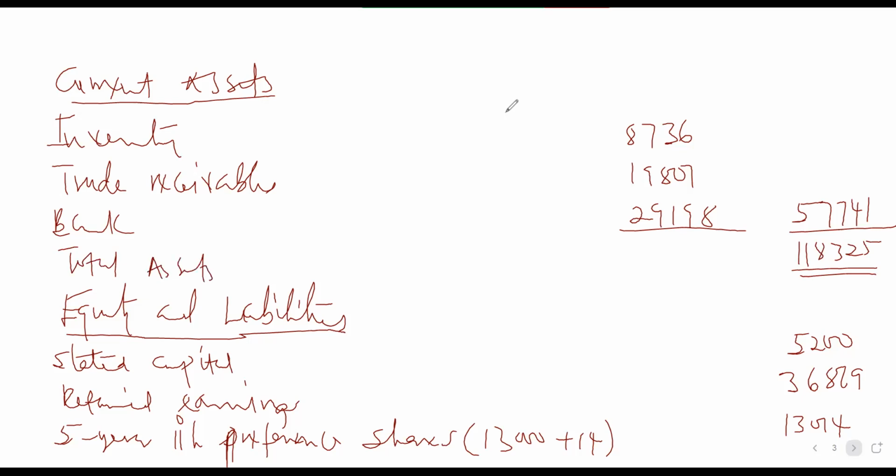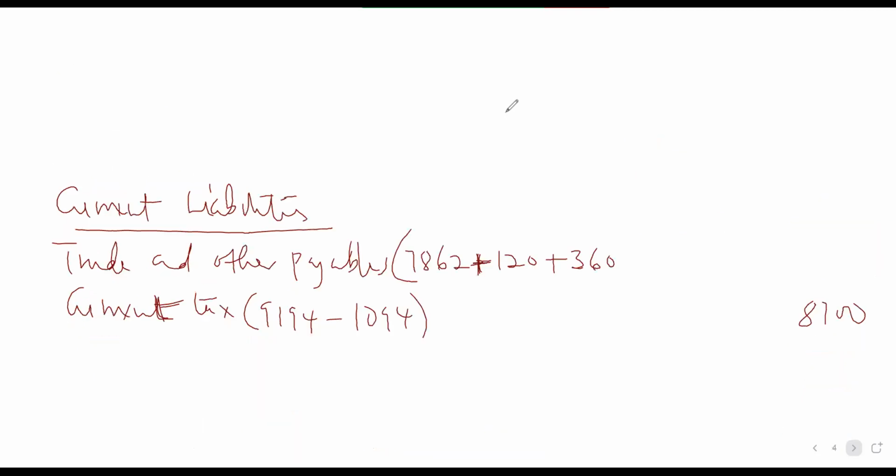Let's come to our liabilities, and so 36,869 plus 13,014. So our equity component will be 101,883.